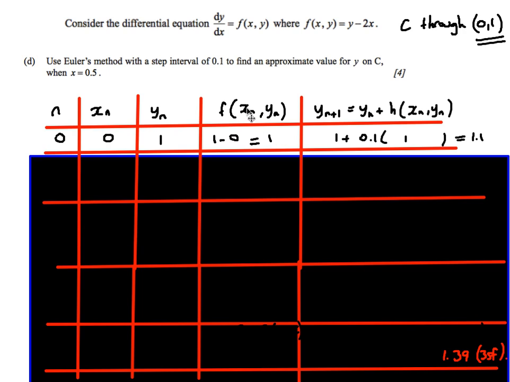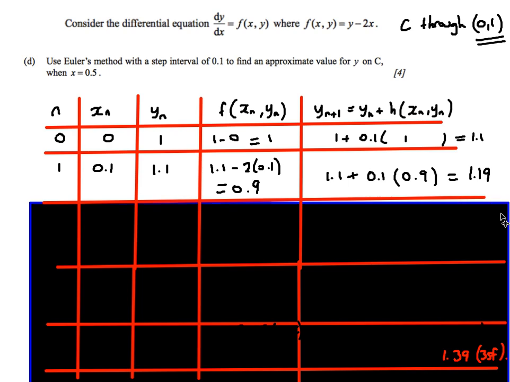So this is f(x0, y0). And then I need to find the yn+1 term. Whatever the yn value is, in this case 1, plus h, the interval, that's 0.1, times my answer for this previous column, which is 1, and that gives me 1.1.